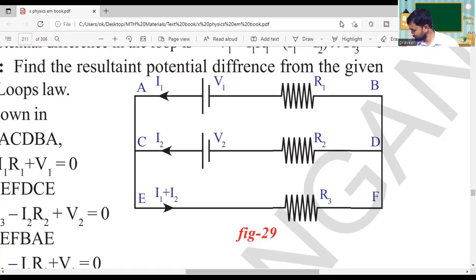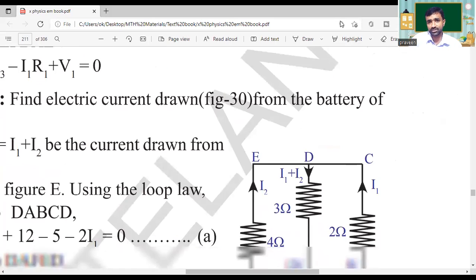Is there any difference? Example 4 and example 5 are both the same, I think. No need to go for that.